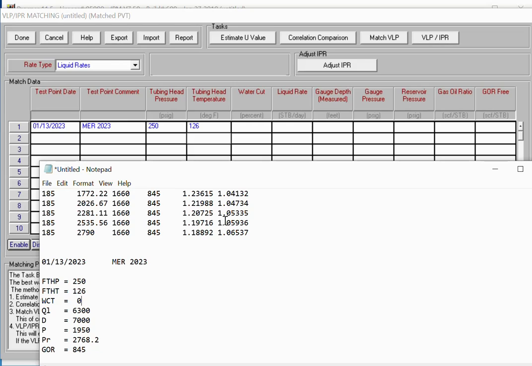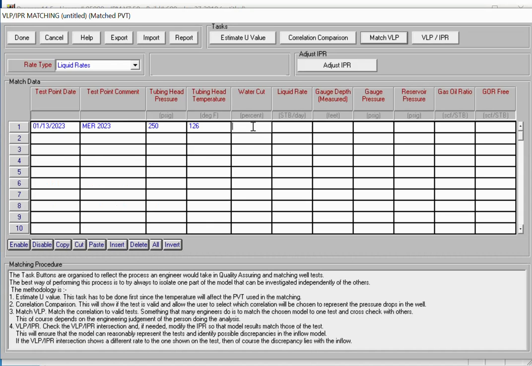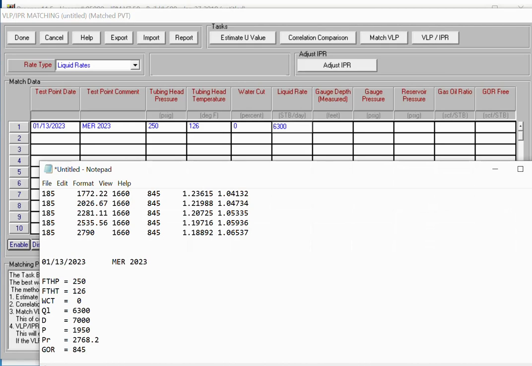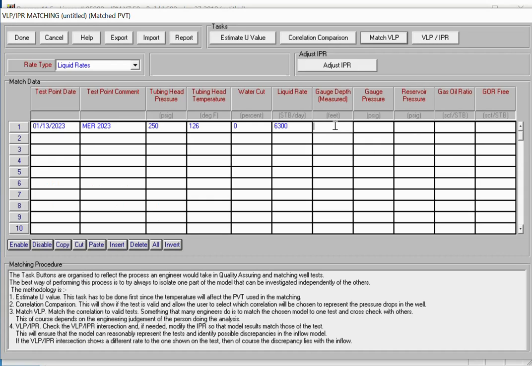So water cut is still at 0, and liquid rate is 6,300. The depth at which this measurement was taken is 7,000, and the pressure is 1950.